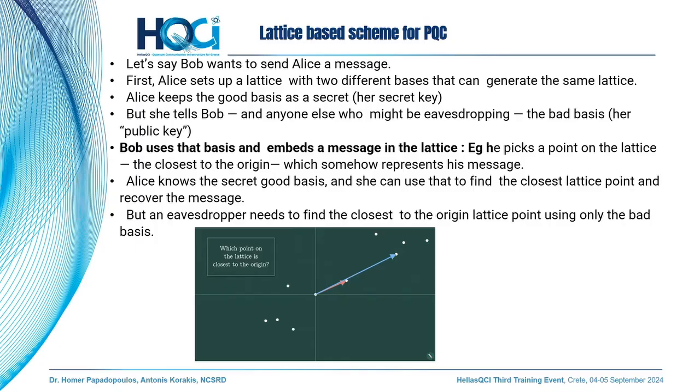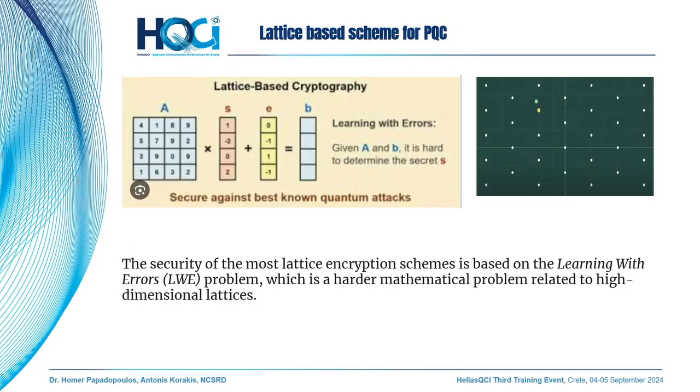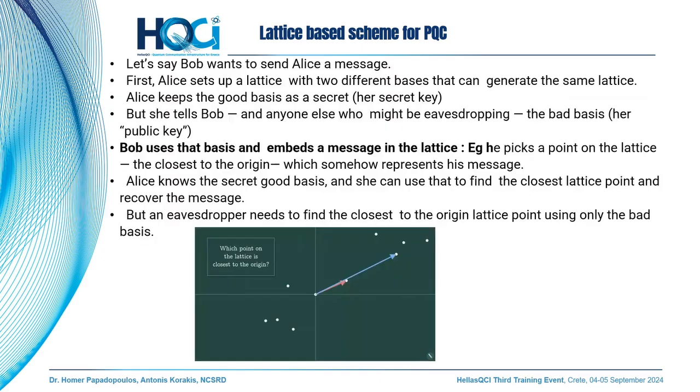These PQC algorithms are based on not 3, but multi-dimensional lattices. It's quite complicated mathematics to work with that. But although it's quite complicated, it can be broken, and it has been broken. In that case, a new method is being used.